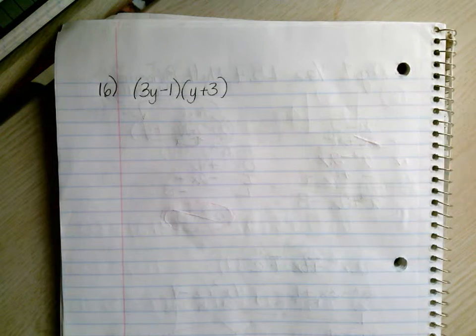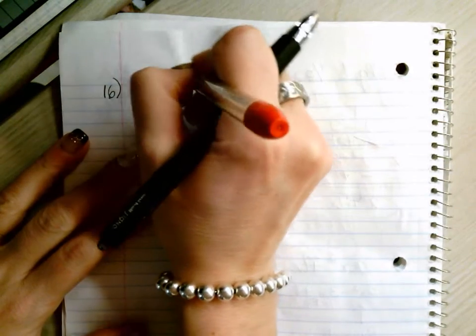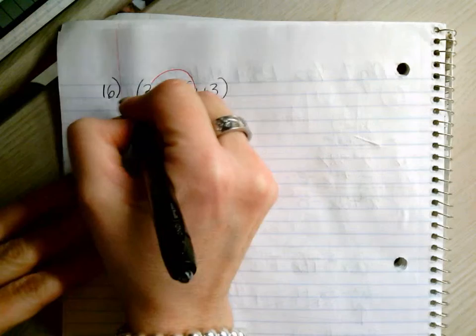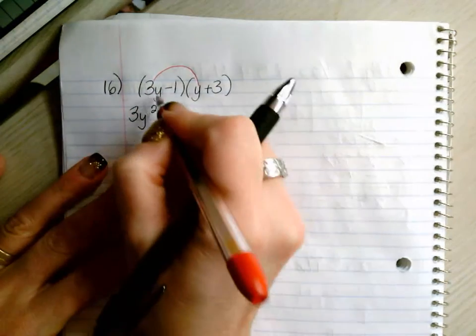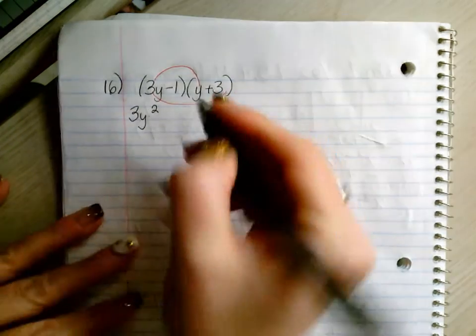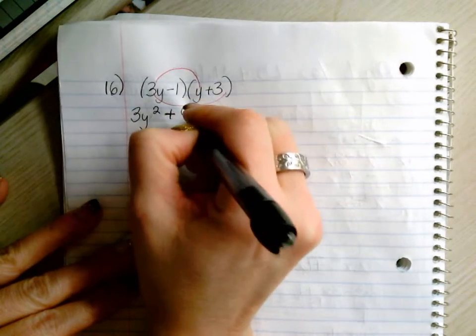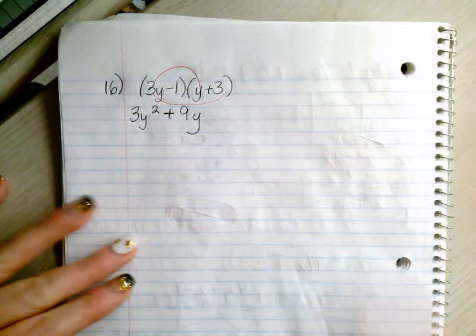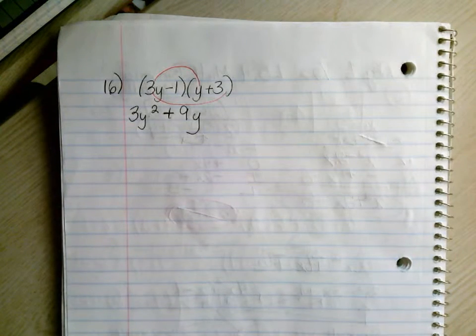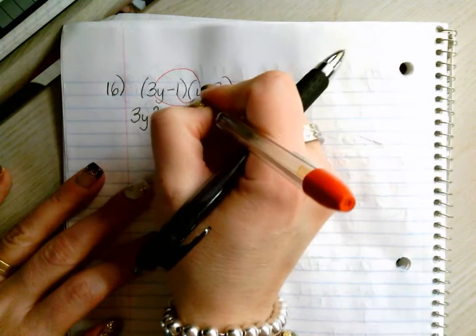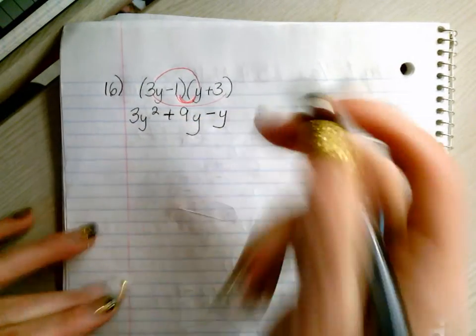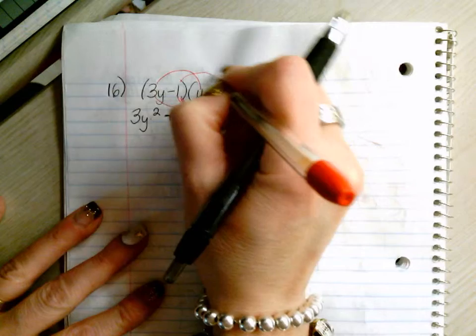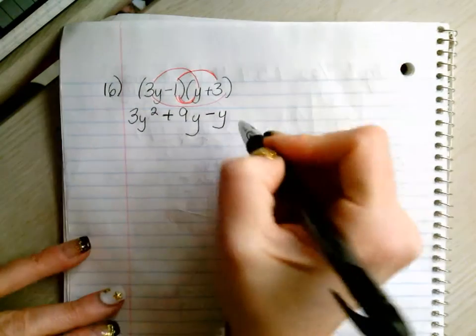Okay, they're not going to make you do that later, but 3y times y, that's the first term, is 3y squared, right? That's F. Outside is a positive 9y. Would you agree? Inside is what? Negative y. Last is what?